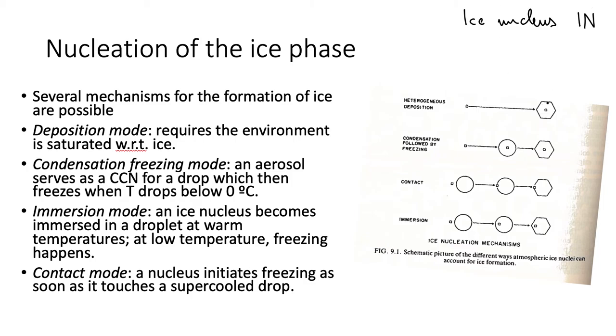Okay, so you have your ice nucleus here, and this will naturally cause water vapor molecules to attach themselves to the crystal and acquire the precise position to become part of the crystal and to help the crystal growth. So this is one. The other one is that you could have a condensation freezing mode. So you have this, which is more like a cloud condensation nucleus, because it causes condensation, and then the condensation is accompanied by freezing.